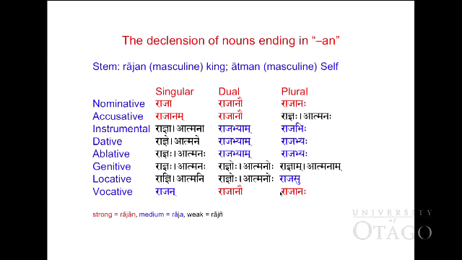You see a little bit of difference in the ātman masculine over here in black: ātmanaḥ, ātmanā, ātmane, ātmanaḥ, ātmanaḥ, ātmani. And also here, ātmanoḥ, ātmanām, ātmasu. In this chart, we can separate the words into three groups: strong stem, middle, and weak. The strong in red: rājā, rājānau, rājānaḥ, rājānam, rājānau, and also here.